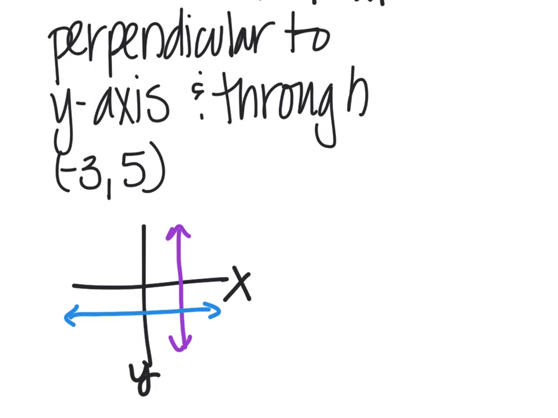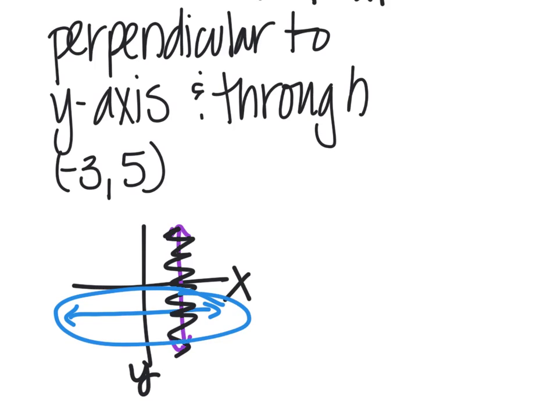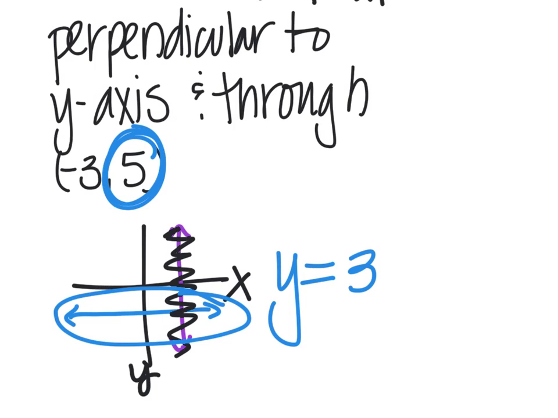So the purple line is parallel because it never touches the y-axis, so that's not the one we want. So we really want this blue line here. It's horizontal, so that means its equation is going to be y equals some number, and the point that it went through was the point negative 3, 5, so its equation is going to be y equals 5. And that would be our answer.